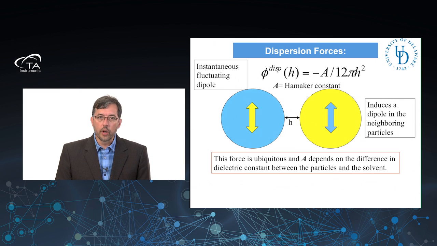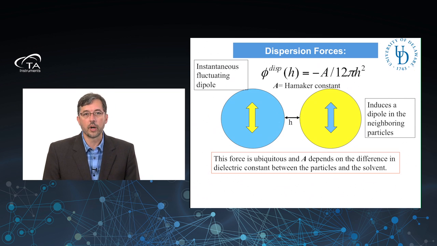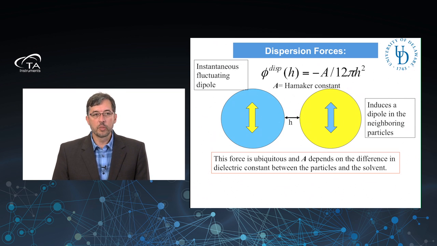In the colloidal case, colloids are made up of atoms, so those atoms polarize the atoms of another colloid, and that's illustrated in the cartoon that you see here. So the atoms in the blue sphere are having fluctuating dipoles due to the motion of their electron clouds. That polarizes the electron cloud in the yellow sphere in such a way as to be an attraction. That attraction is very strong when the particles are close together.